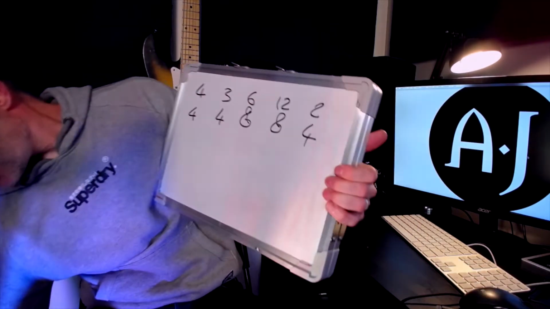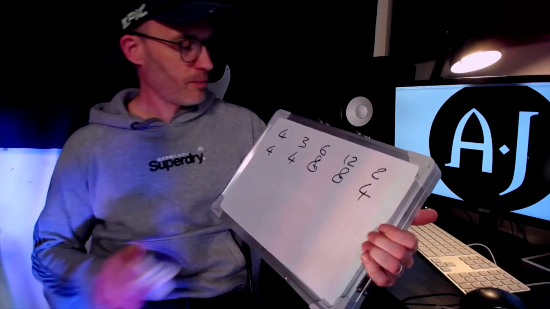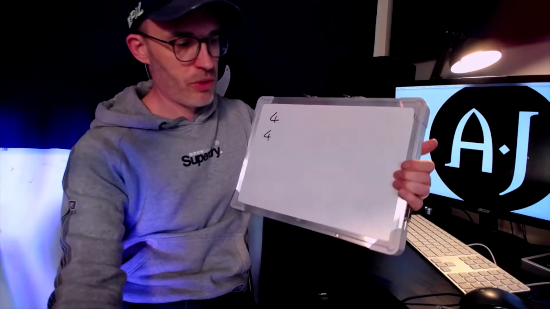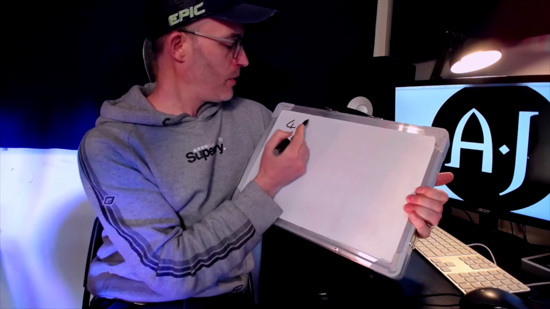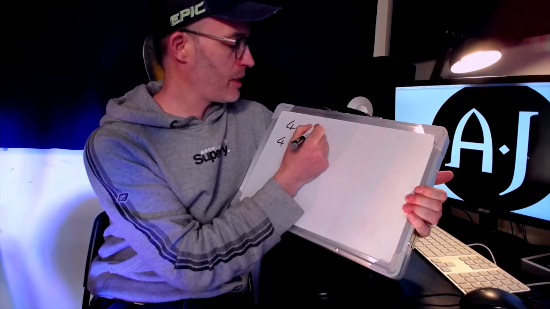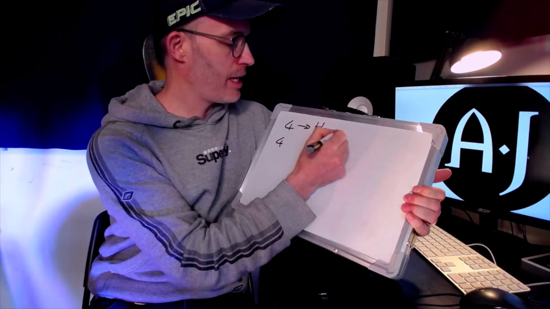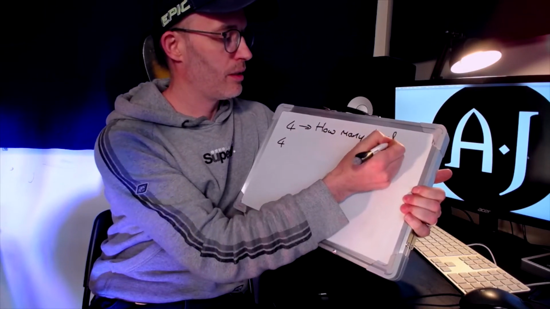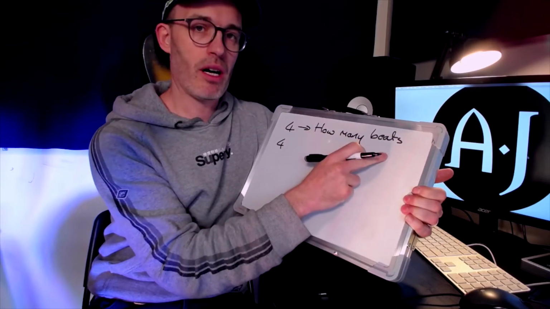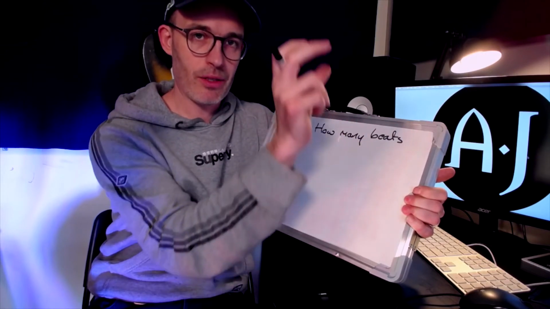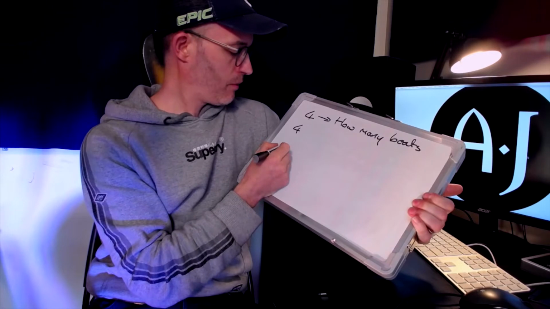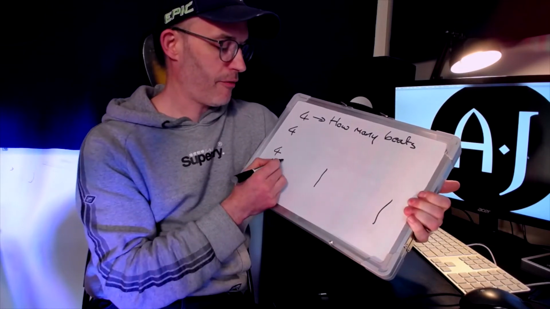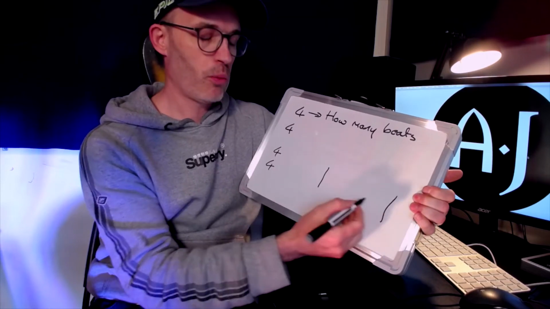Now, the simplest way to explain this, and the answer they will be looking for without going into too much detail, is that the top number here tells me how many beats there are in each bar, each measure, okay? So if it was 4/4, and we had a bar line here and a bar line here, I could have 4 beats in this bar and 4 beats in this bar.